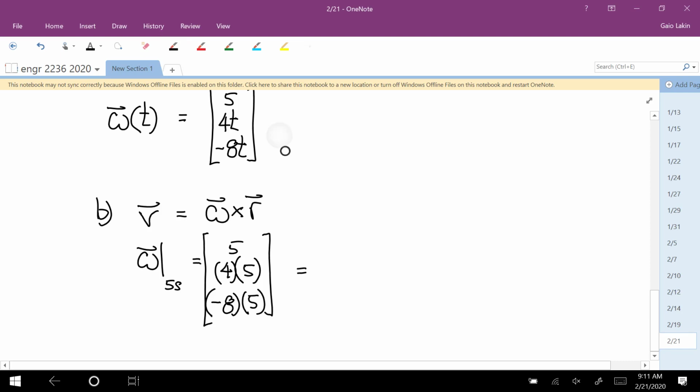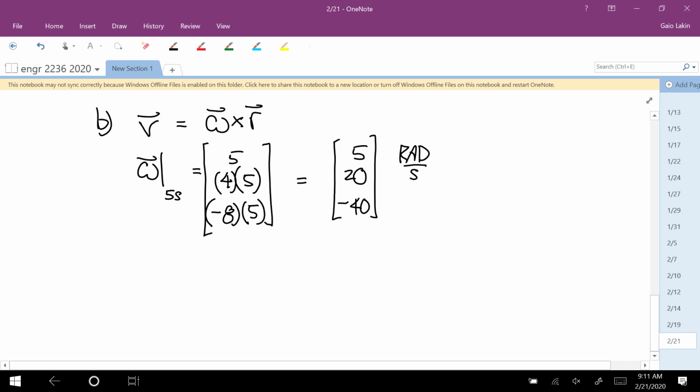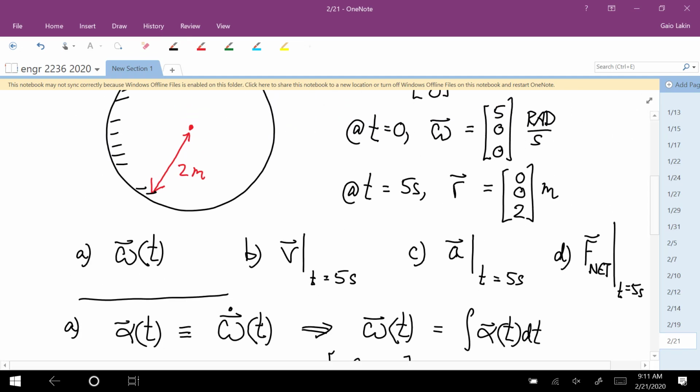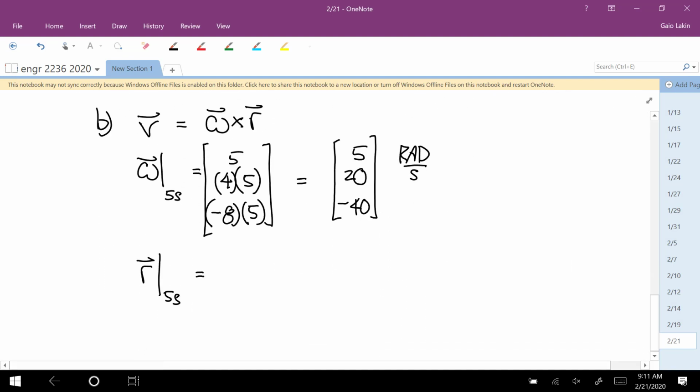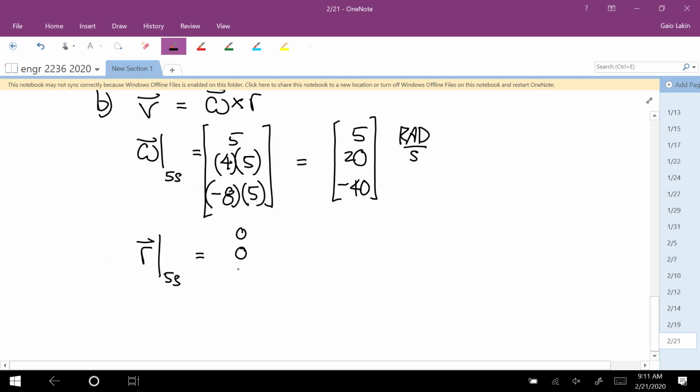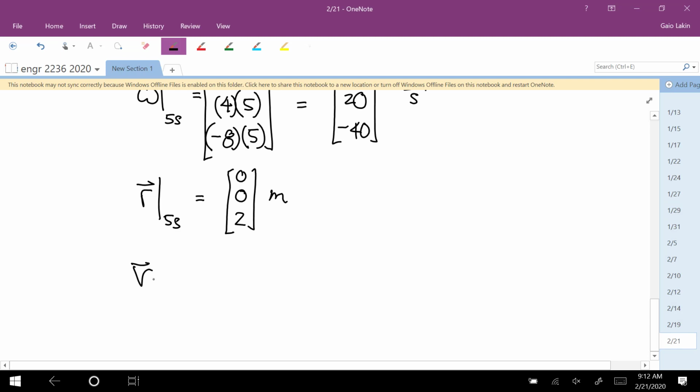That angular velocity vector is 5, 20, negative 40, in radians per second. And we're given the r vector at 5 seconds: 0, 0, 2 meters.